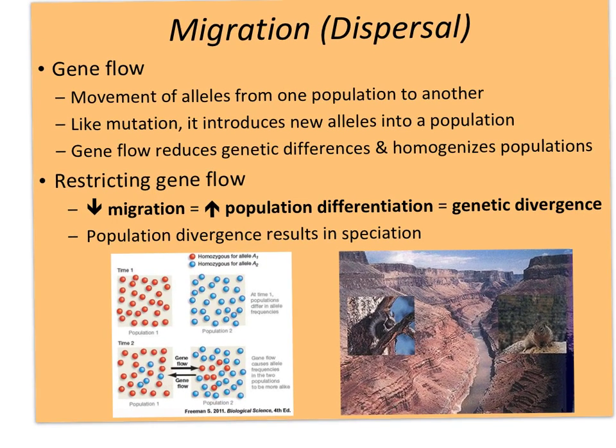So it's the movement of alleles from one population to another. Like I mentioned, it increases gene flow between the populations, and you start to see that one population is homozygous A2, the other is homozygous A1. Over time, they start sharing the same alleles, depending on how much migration.